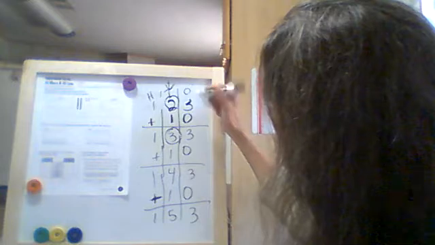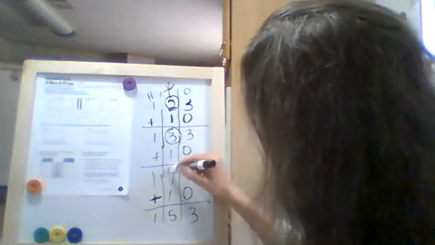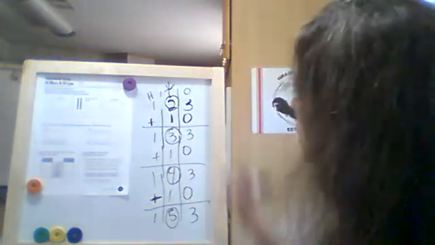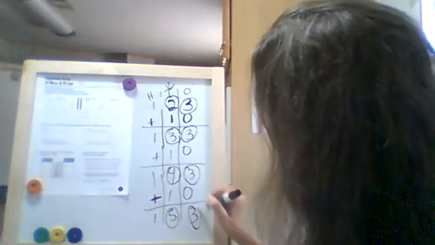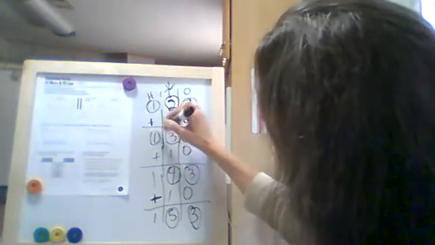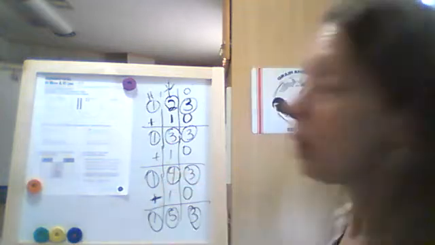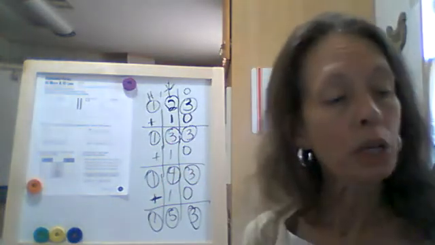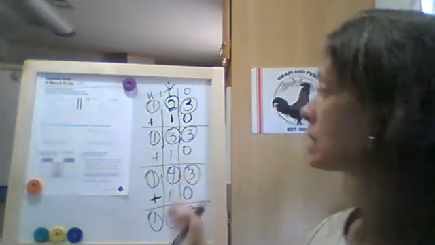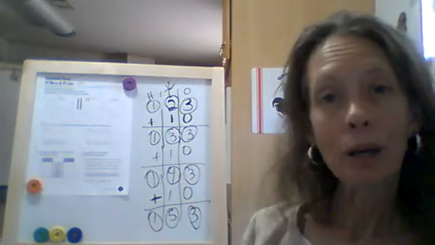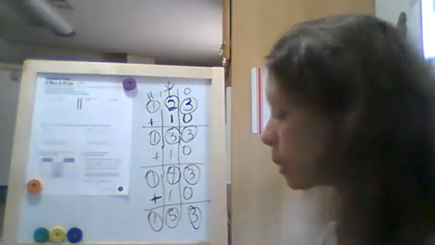So again, we've changed our 2, 3, 4 to a 5, but this one is the same, same, same. Why? Because I'm working with 10 sticks. I'm working with the sticks today and not the spots. Okay? So that's what it looks like.